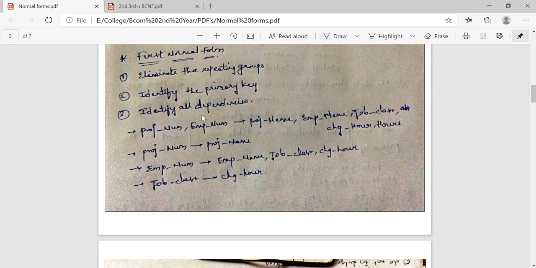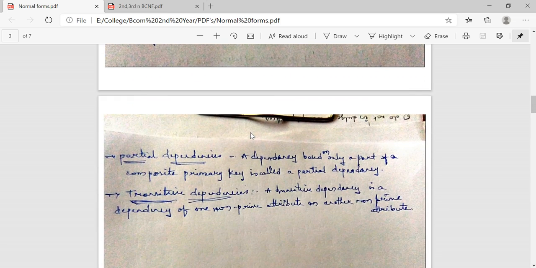There's no need of EMP number. So this attribute is being identified with the help of only a part. Project number and EMP number together make the primary key, but project name can be identified only with project number. So this is called partial dependency. The opposite of fully functional dependency is partial dependency.